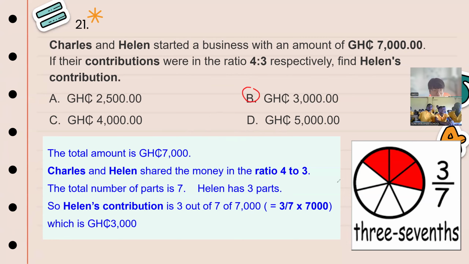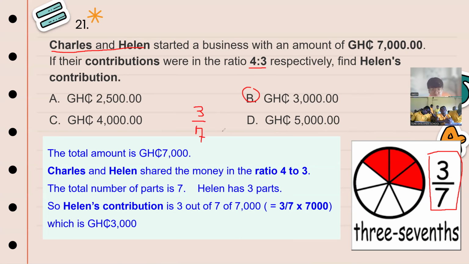So I think you might have seen 3 over 7. It is 3 over 7 because Charles to Helen is 4 to 3, and Helen is taking 3 out of 7.